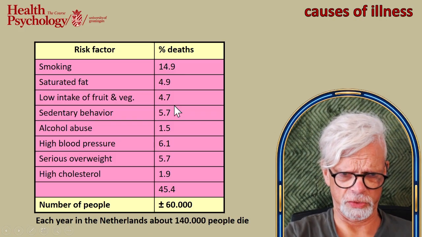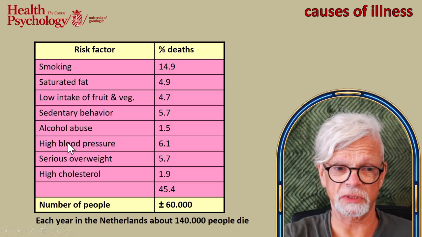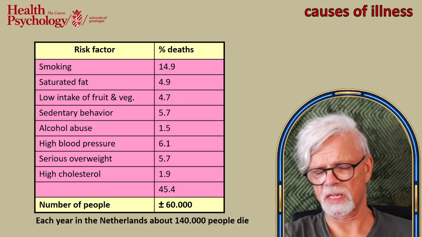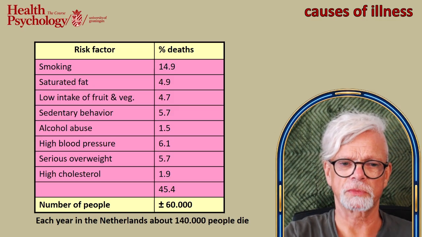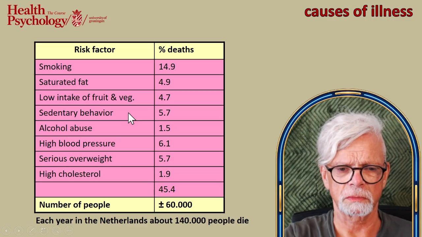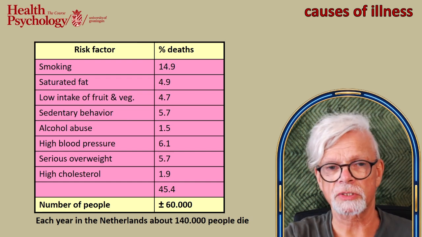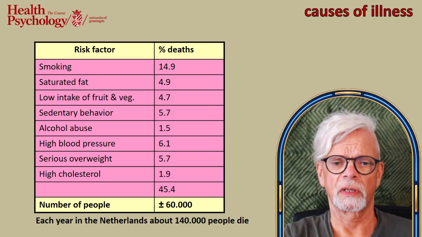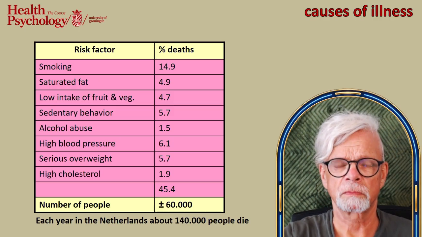Sedentary behavior, alcohol use, high blood pressure is not so much a behavior in itself, but it's related to several behaviors like getting tested, taking medication, salt consumption, and so on. Serious overweight, high cholesterol. So roughly 45, max 50% of people who die, they could have died later. They could have lived longer because of those behaviors.